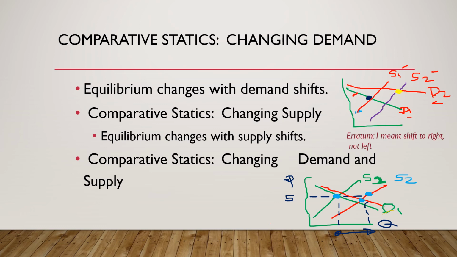But what we are absolutely sure of is that when only the demand curve, or only the supply curve, shifts to the right or to the left, there will really be a change in your equilibrium price and equilibrium quantity.